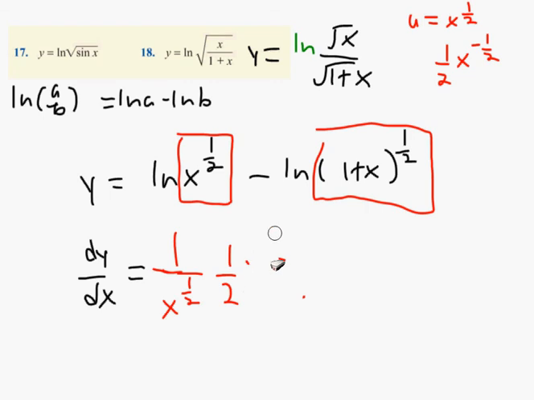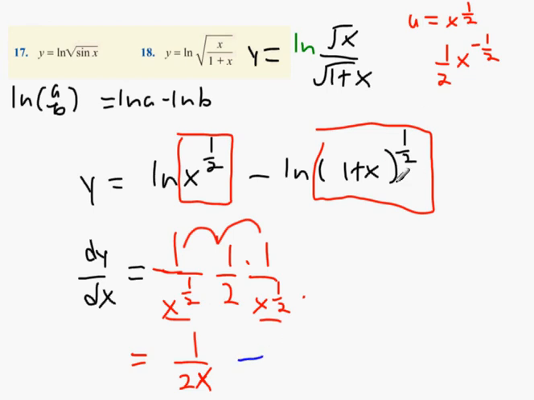You can turn that back into 1 over x to the power of a half. X to the power of a half multiplied by x to the power of a half is x. They're all being multiplied on the bottom. The 2 goes in front. 1 over 2x.